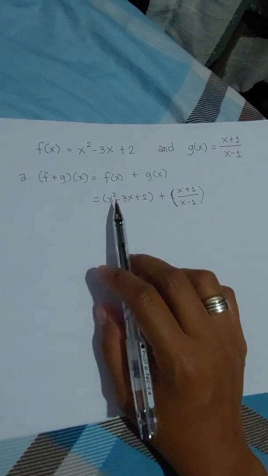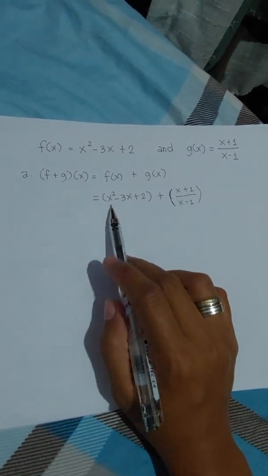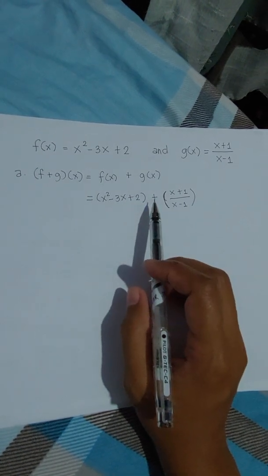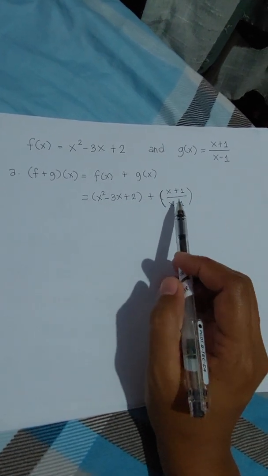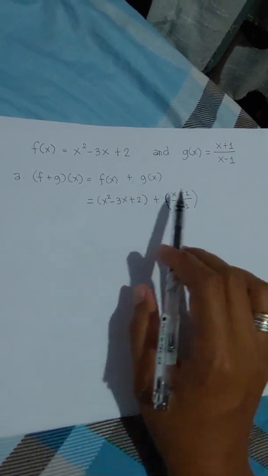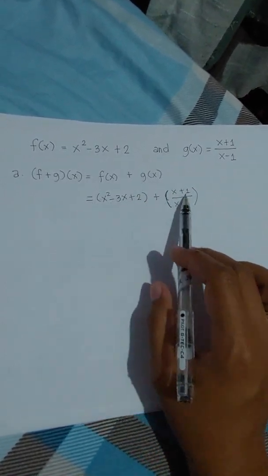Therefore, you have to recall that in addition, you have to find the LCD first if there is a fraction. So first, let's remove the parentheses.